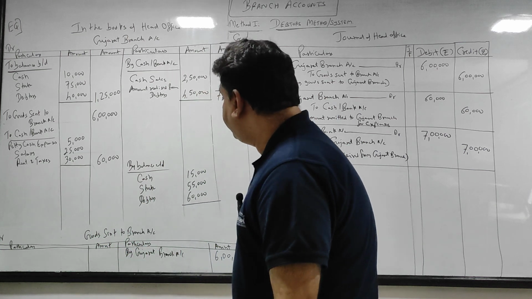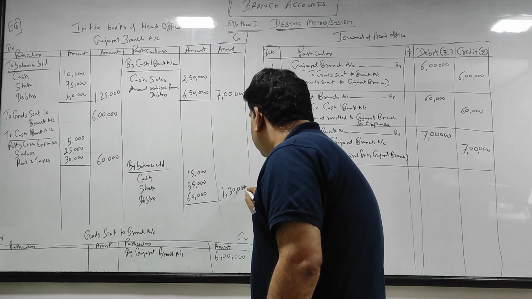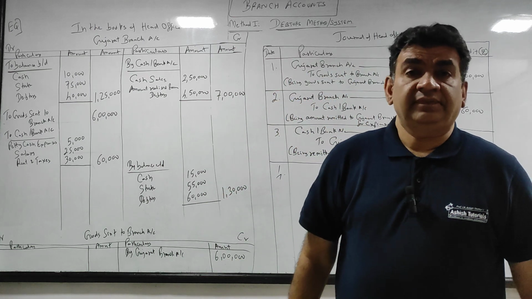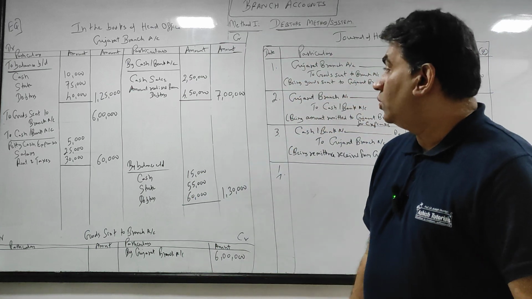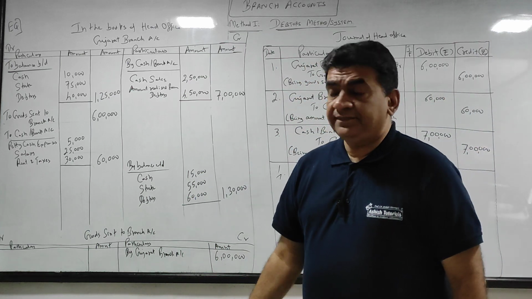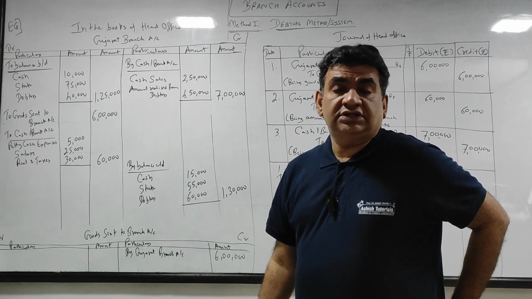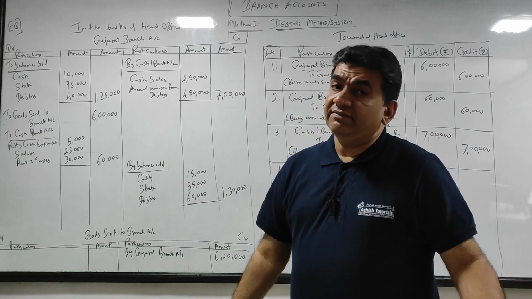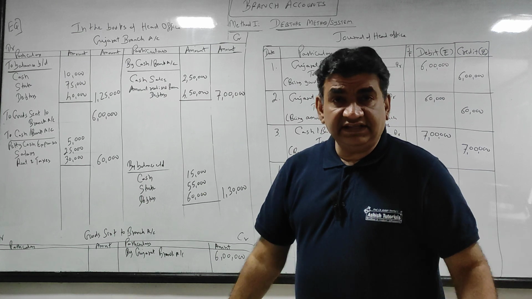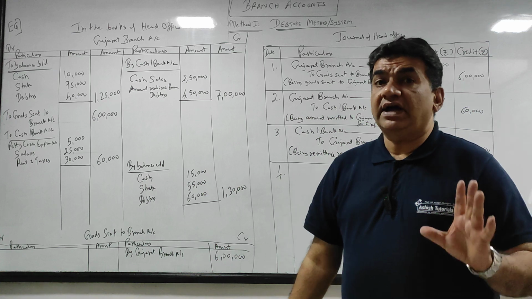So 15 and 55, 70, 70 and 60, 130. All of y'all clear with this? No entry for recording by balance. Everything is done. How many entries are there? 3. What I told you, 5 entry आए.